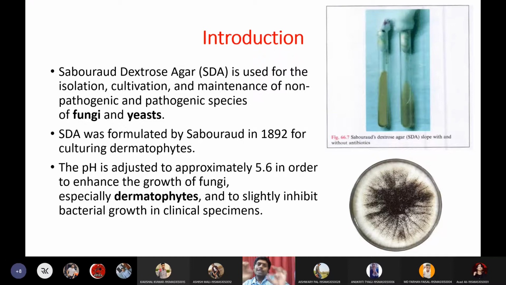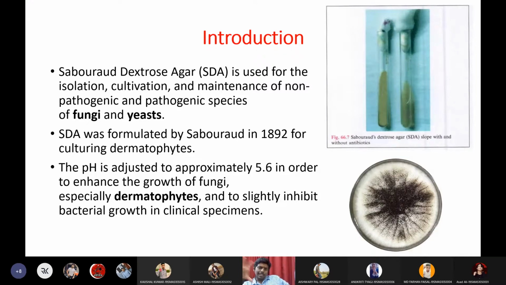Not all fungi can grow in SDA. Keep in mind, it only allows the growth of clinically important fungi, the fungi that cause infection in humans. It will also inhibit growth of contaminating fungi.